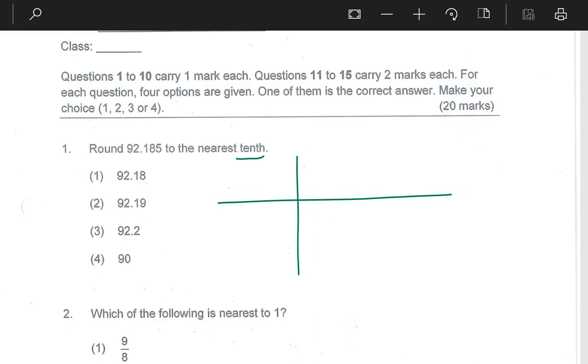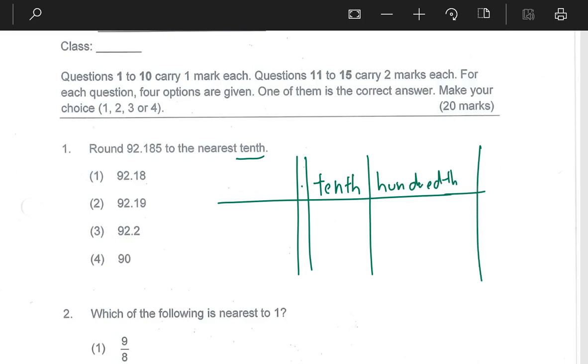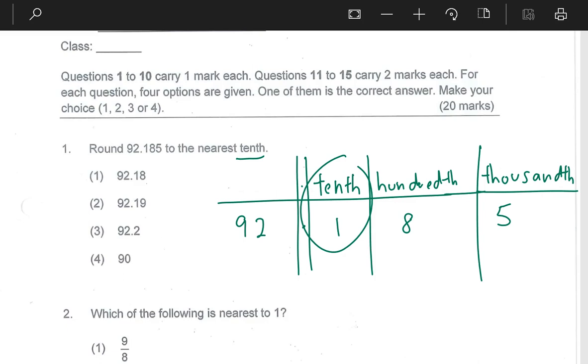As a revision, let's just revise our place value. You start off with the place value of tenths after the decimal point, and then you have your hundredths, followed by the thousandths. If I plug in the value 92.185 and I would like to round it to the nearest tenth, I look at the tenth position.